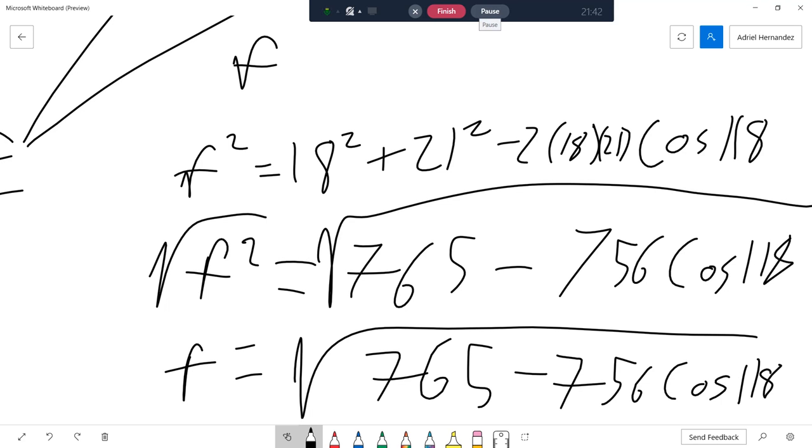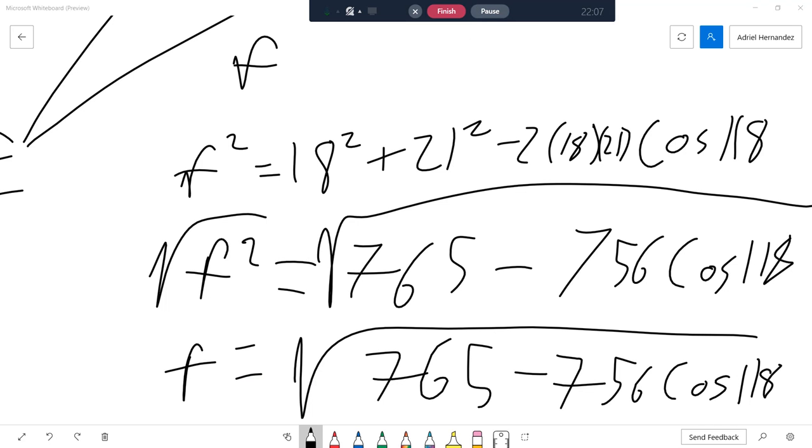You can simplify it however you like, but that's the most accurate answer you're going to be able to give. There's no need to simplify it anymore unless they ask you, so just let it slide.